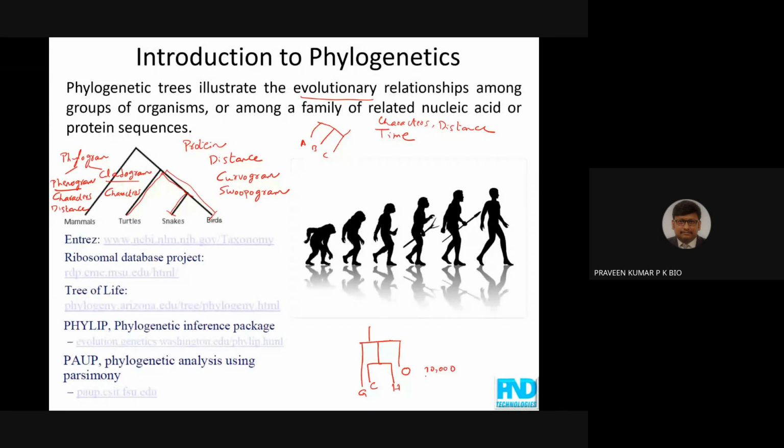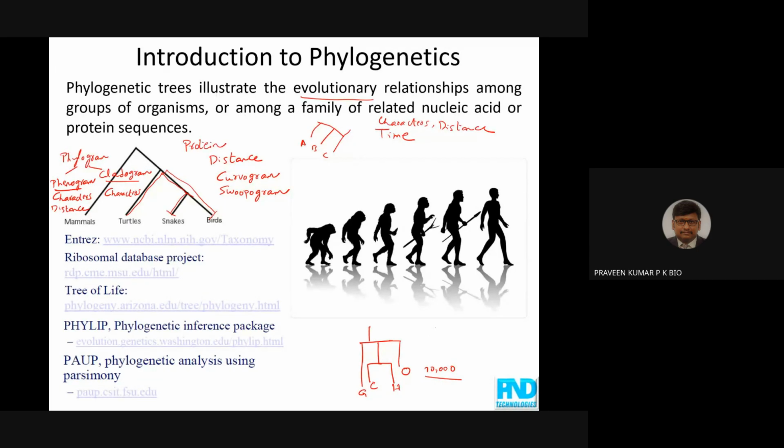So we have such a time scale for each and every ancestral species origin. Instead of mentioning only characters and distance, if you also mention the time scale, then obviously we have to draw it like this.